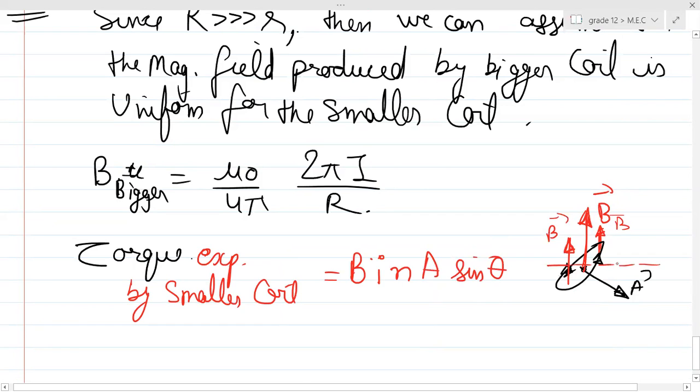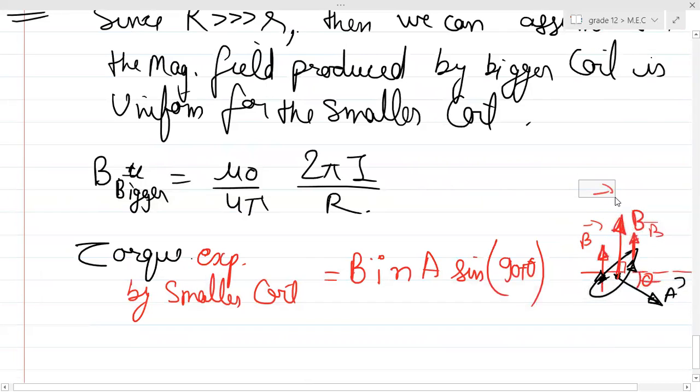But what was theta here? This was theta and this was 90. The angle between them was basically 90 plus theta, right? Is this clear, everyone? Yes, sir.